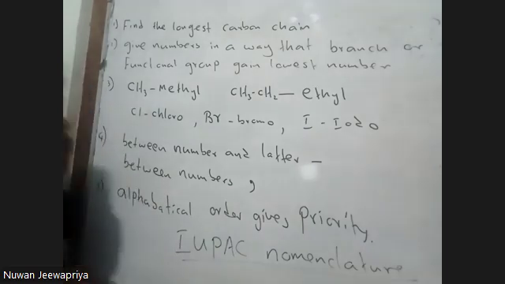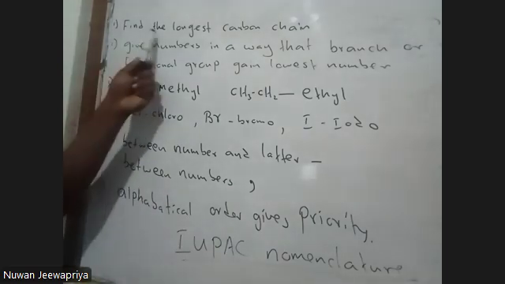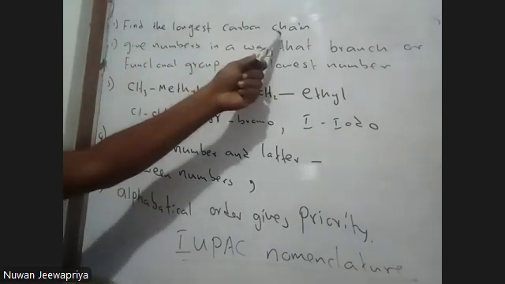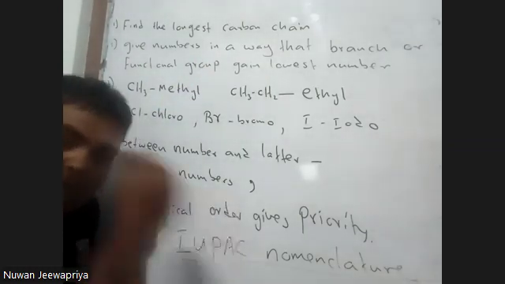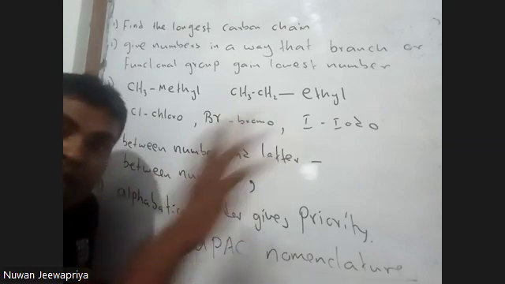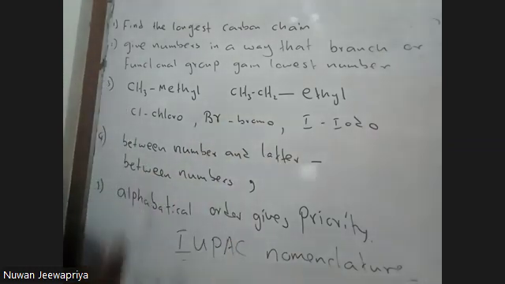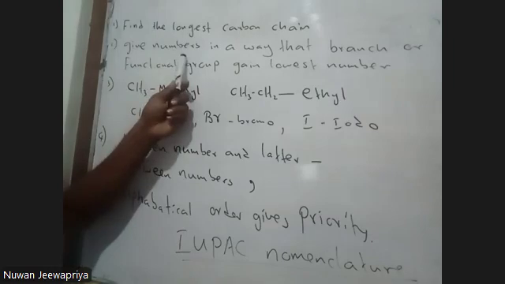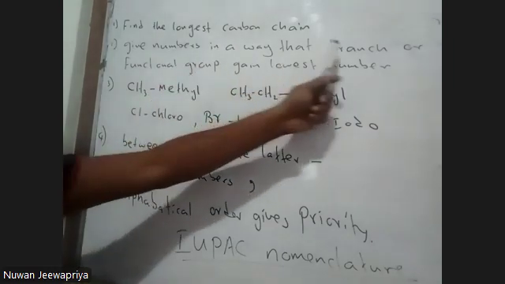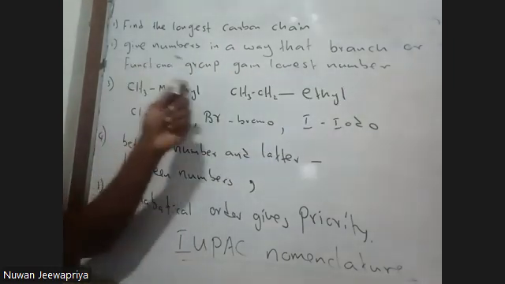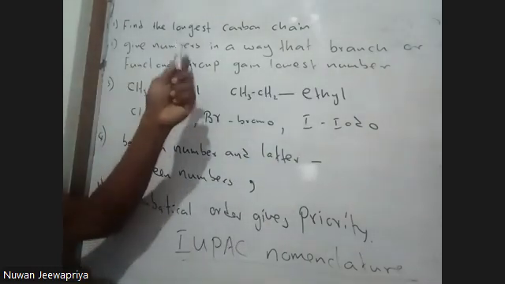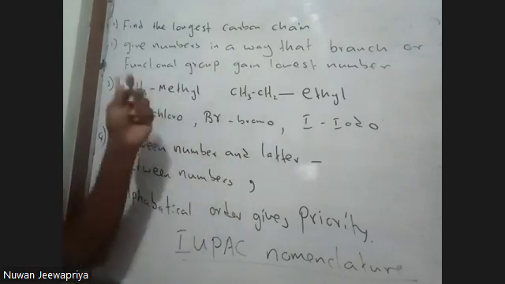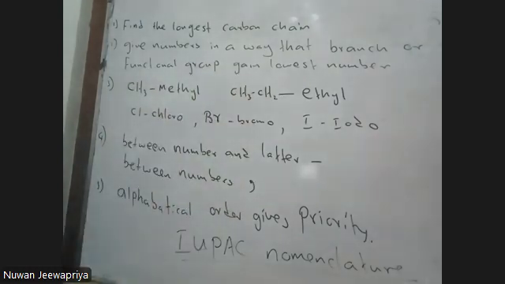The first rule is find the longest carbon chain. So you have to count and find the longest carbon atom chain. The second one: give the numbers in a way that the branch or functional group gains the lowest number.